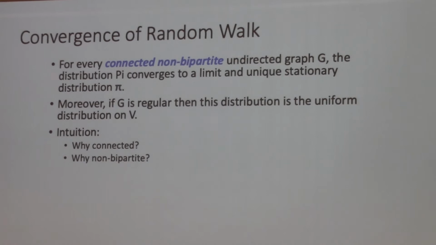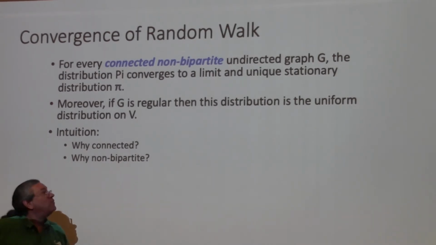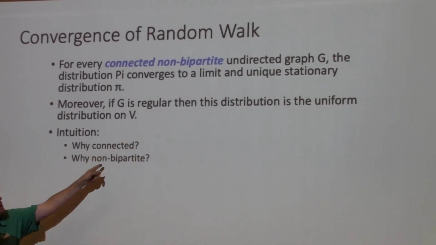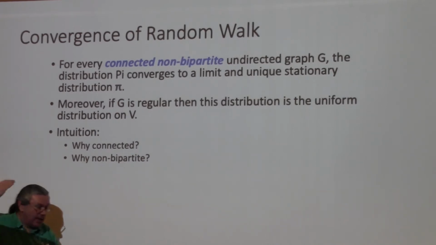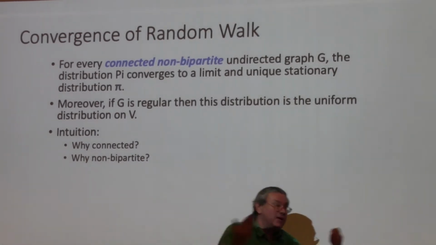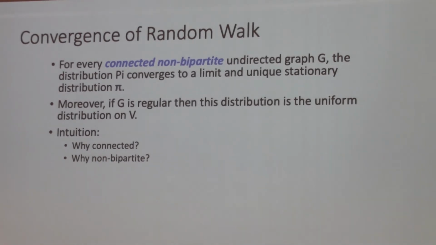You do one step, go back to the first side, so you're hopping back and forth. So the probabilities go between two different values. They're oscillating. Okay? So if it's bipartite, you don't have this limit. You don't have a limit, because you have this oscillation between the two sides.